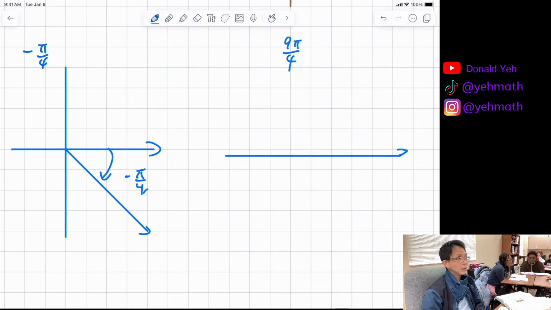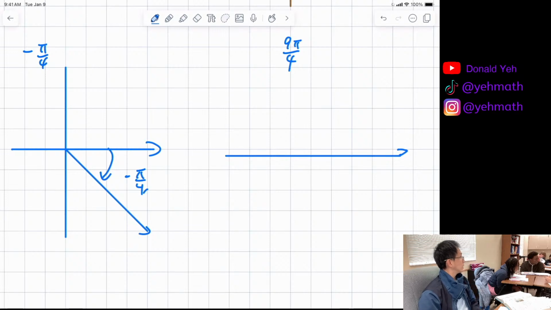Neil, which quadrant is your terminal side? Third. Armin? Second.